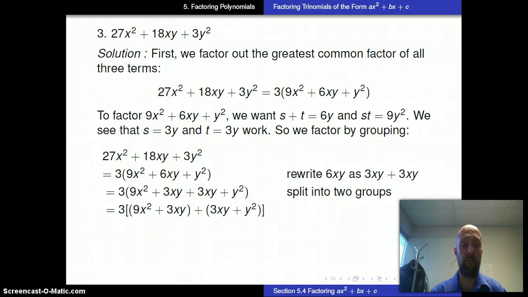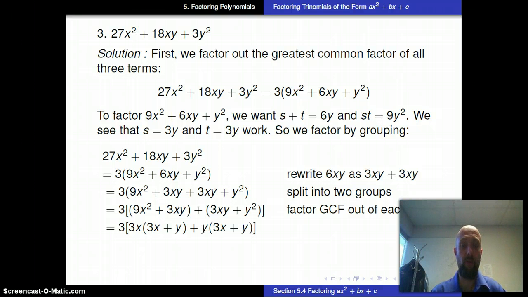Now we factor out the greatest common factor out of each group. The first group contains 9x squared and 3xy. The greatest common factor is 3x. When we factor out 3x, we are left with 3x plus y. For the second group, we have 3xy and y squared. The greatest common factor is y. When we factor out y, we are left with 3x plus y.